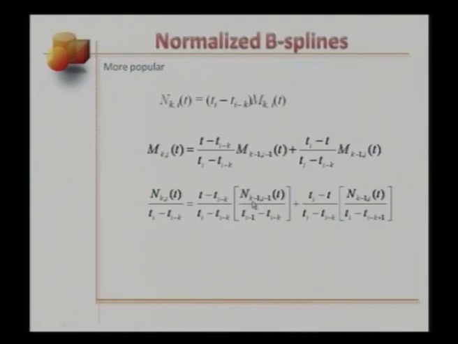That is n_(k-1),(i-1)(t) over the last knot t_(i-1) minus the first knot t_(i-1-(k-1)), which is t_(i-k) here, plus t_i minus t over t_i minus t_(i-k) times n_(k-1),i over t_i minus t_(i-k+1).